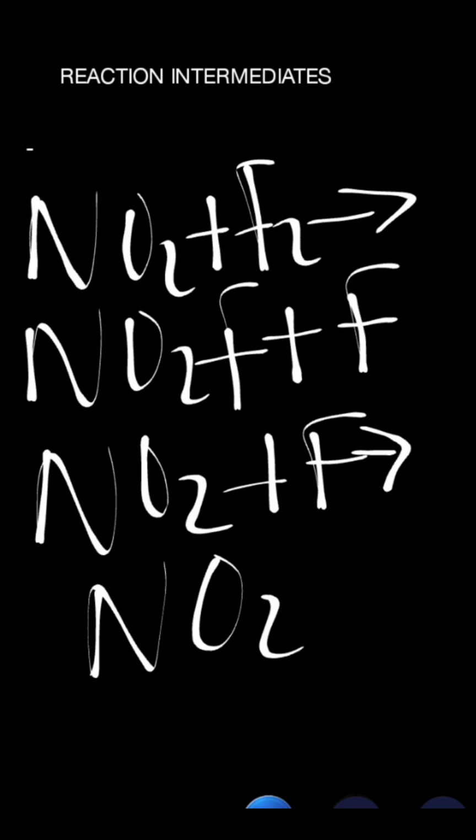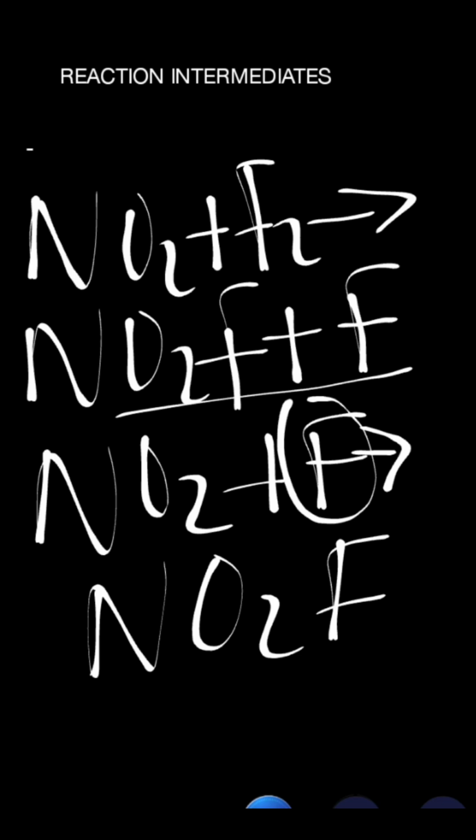NO2F. So, an intermediate: when you look at the first reaction, NO2 reacted with F2 to produce NO2F plus F. But in the second reaction that comes, this F, which was a product, is going to react. It's going to be a reactant to produce a product.